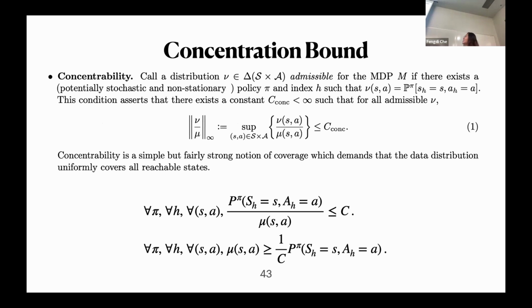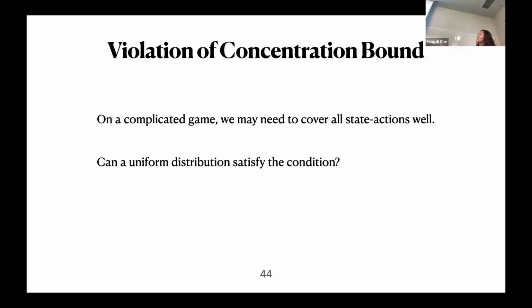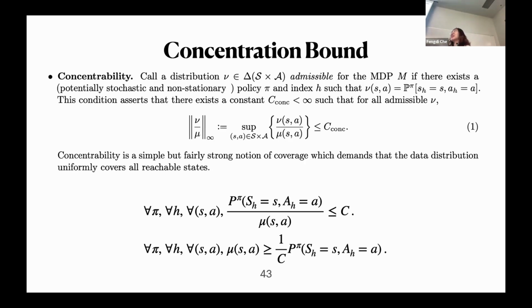Then this constant C will depend on the state space. That's what we do not want. So it basically means for a complicated game, this concentration bound may never be satisfied. It just tells us this concentration bound is already an extremely strong condition, which is already very hard to satisfy.